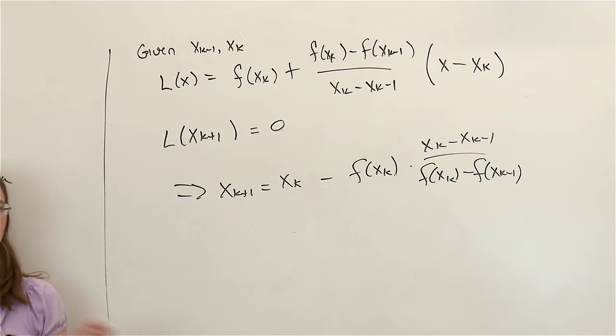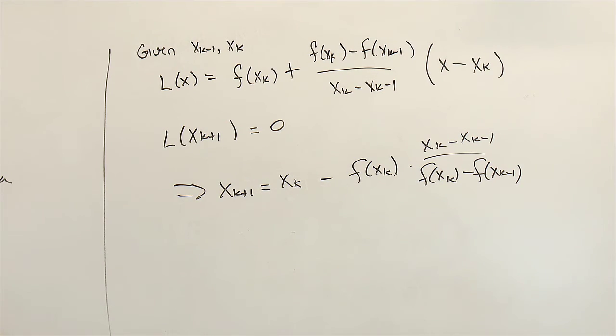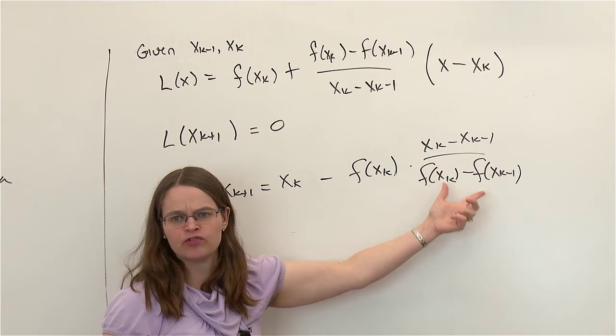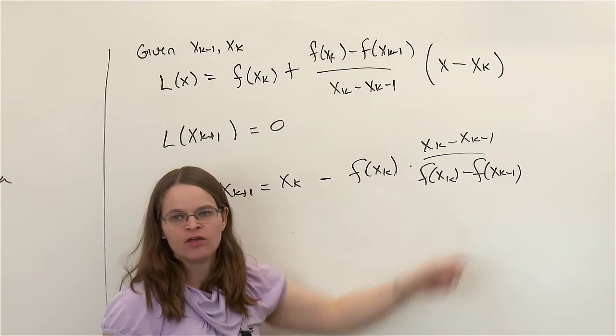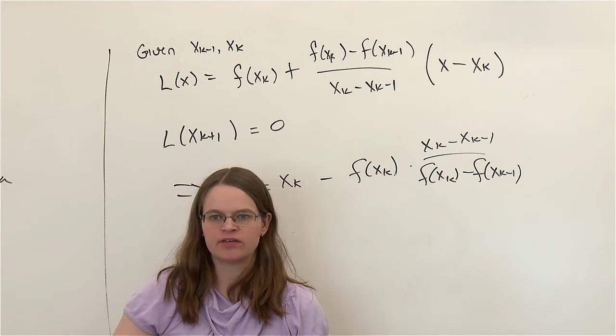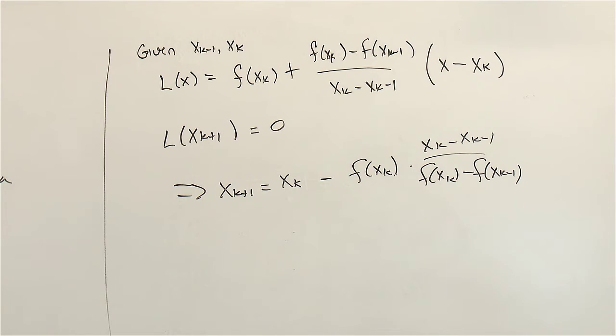This is going to be simpler to use in the sense that we don't need to compute derivatives of f, which can be very good in some situations. You have to store more past information, right? Once I update xk, I can't throw out my old guess. I have to keep it for one more step. So you need to store a little bit more information.